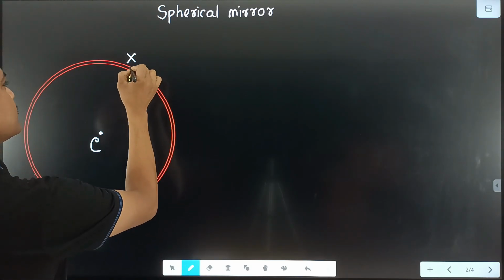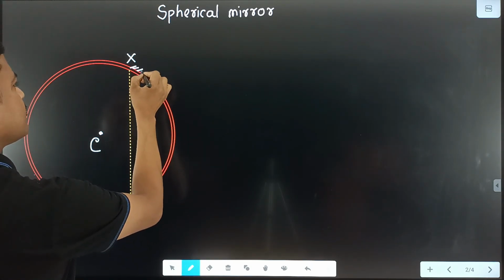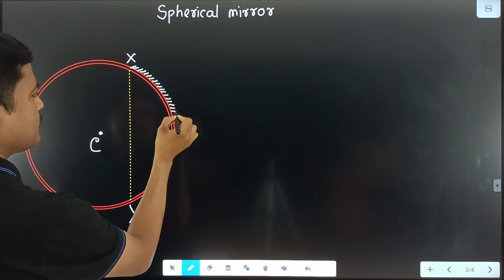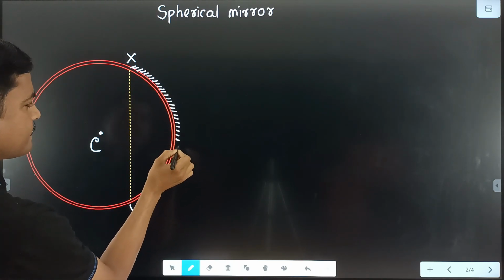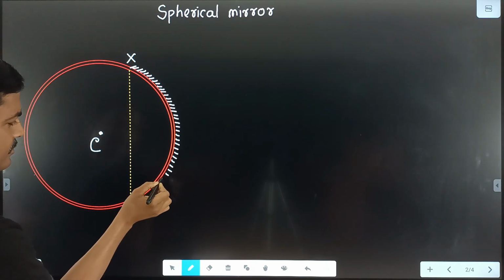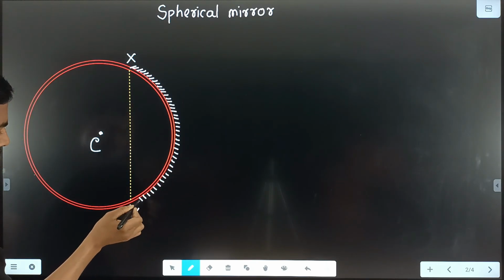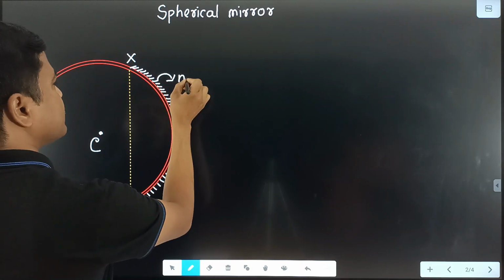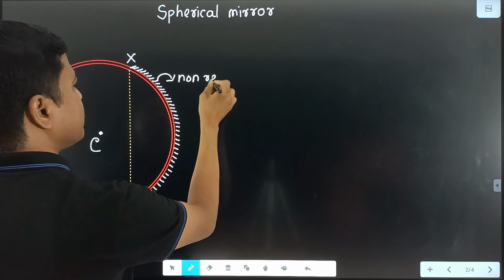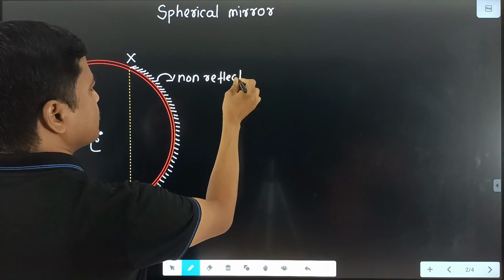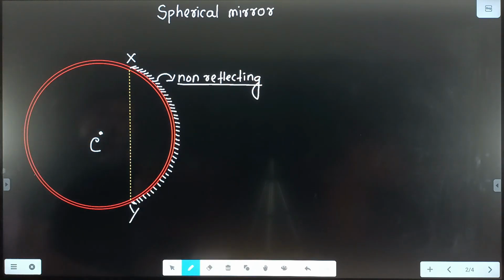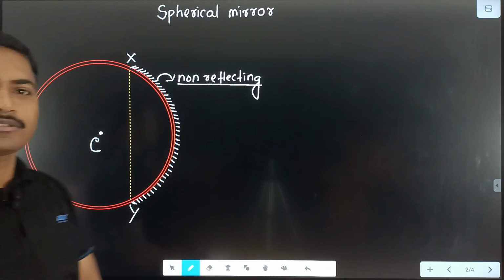And if the outer surface of this part is coated with silver, then this outer surface is now the non-reflecting surface. And this is the inner surface, and the inner surface is the reflecting surface.